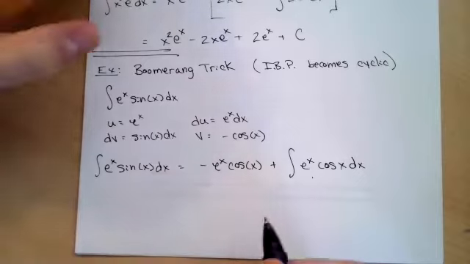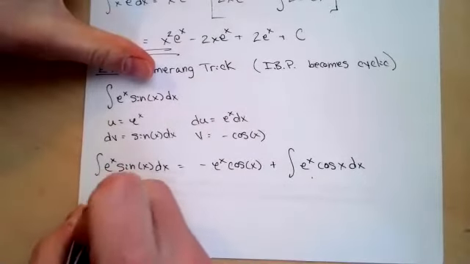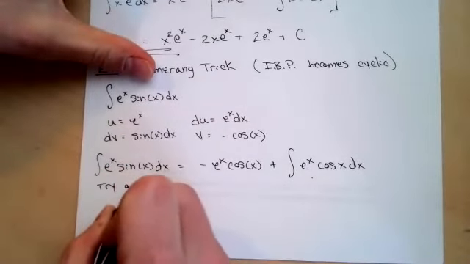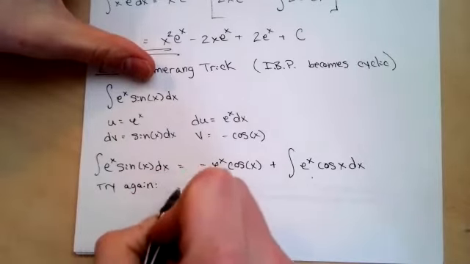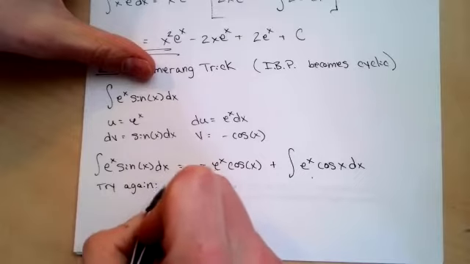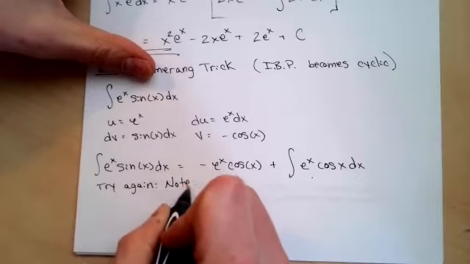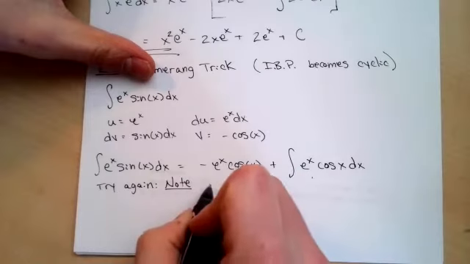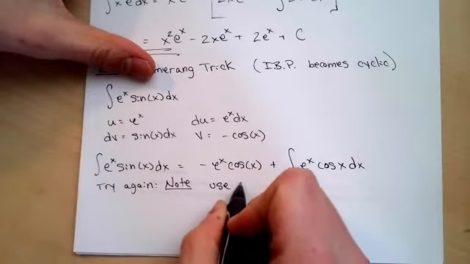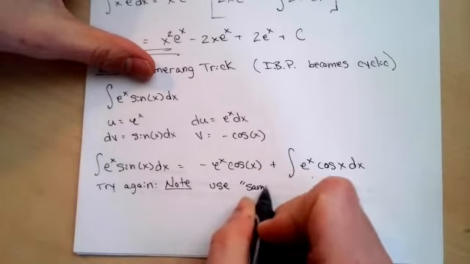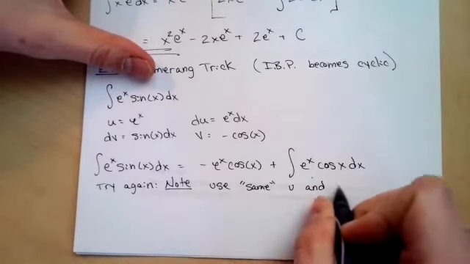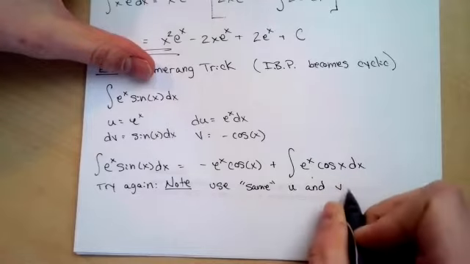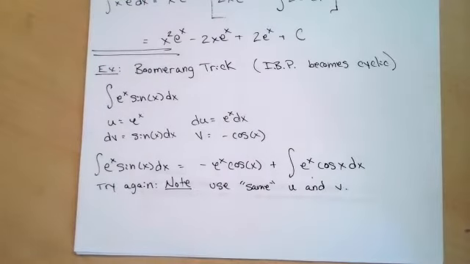We try again. And I do want to make a note that we want to use the same u and v. And I put same in quotes because, of course, they're not the same functions.